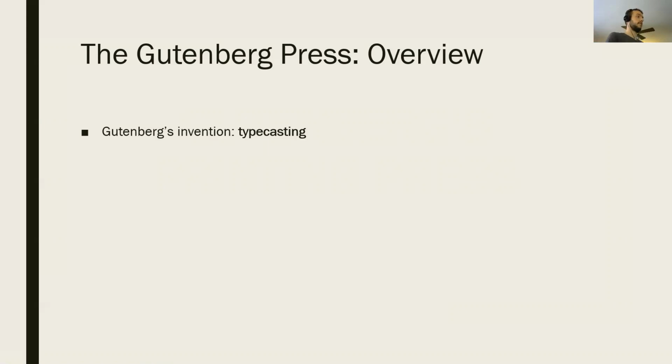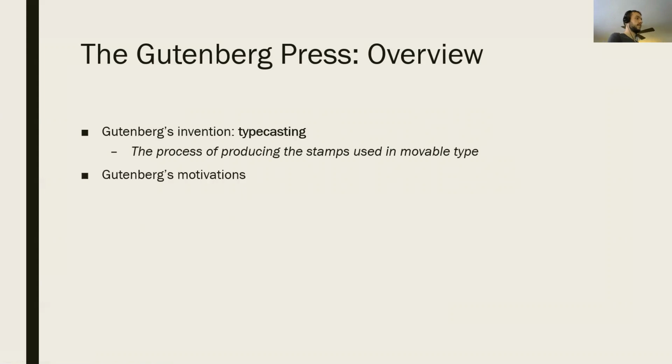So keep an eye out for this in the lesson. We'll be talking about the process of typecasting. In general, typecasting is the process of producing stamps used in movable type, specifically by a special metal alloy that Gutenberg had developed.